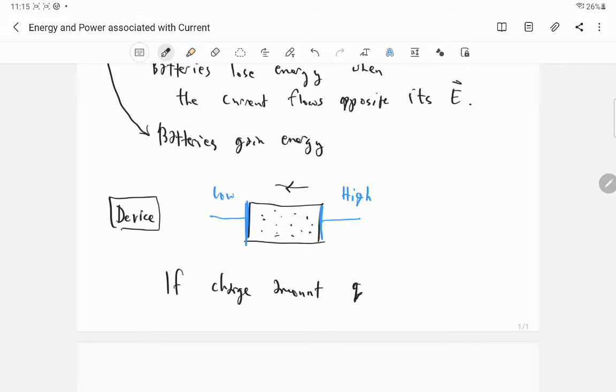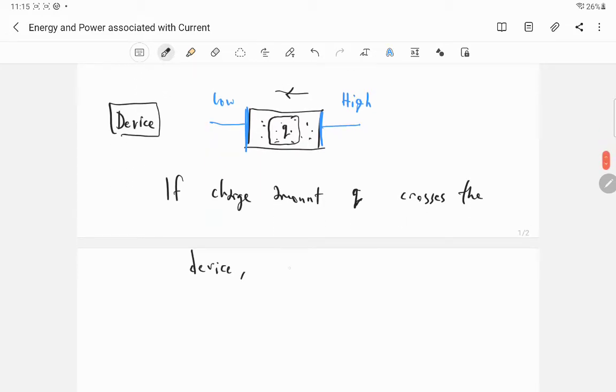I can imagine an amount of charge in there that adds up to Q. And if this charge amount crosses the device, then there is an energy associated with this equal to Q times the potential difference. The potential difference is the voltage of the high conductor minus the voltage of the low conductor. So the amount of energy is just the amount of charge times delta V.